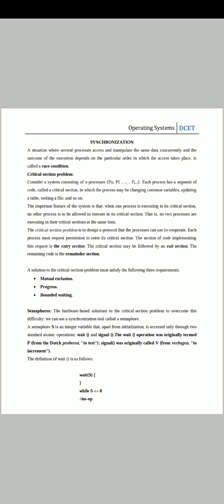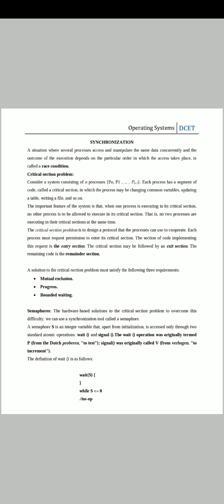Only those processes that are not executing in their remainder section can participate in deciding which will enter its critical section. And this selection will not go on indefinitely. Those selections should be made very soon.